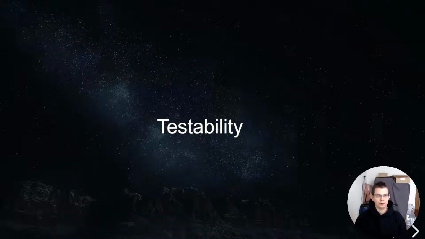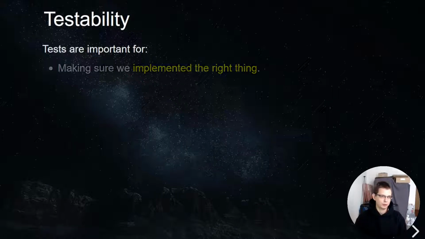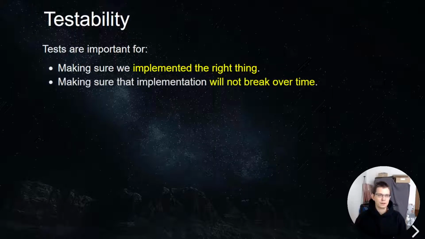And for the testability goal, essentially, what are tests important for? Tests are important for when we initially write code, for making sure we implemented the right thing, and then later down the line, making sure that the implementation will not break when we then refactor things and change the code down the line.